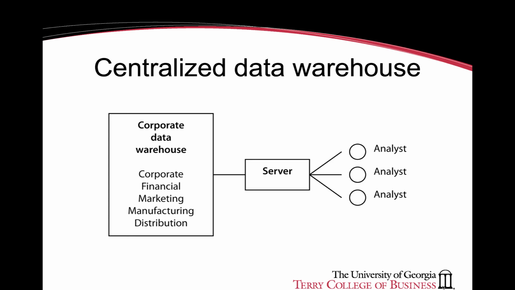Connected to this data warehouse are typically servers or a set of servers that analysts can use to interface with, so that they can perform the analysis on the data in the centralized data warehouse. Often, the problem with this type of structure is that there is a single point of failure, or a single path between the analyst and the data warehouse, and any compromise on that path prevents the analyst from accessing the data in the data warehouse.